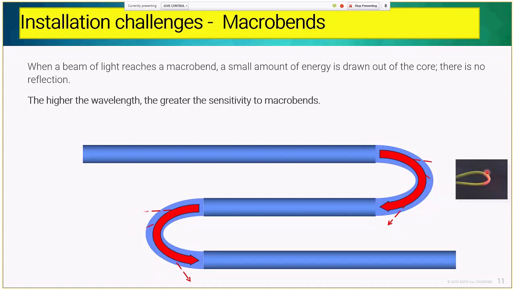This can be visible, and you can always find these with a red light source or a visual fault locator. They are very common on our networks, especially if you're not using fiber types like G657 and you do customer installations, residential installations, due to the tight bends and corners when rolling the fibers in the buildings.